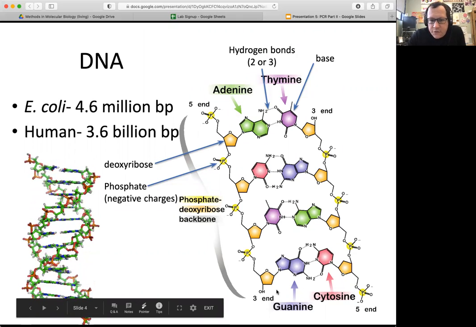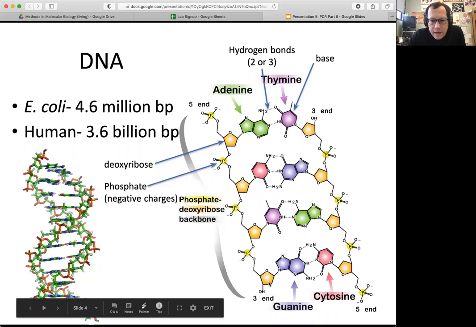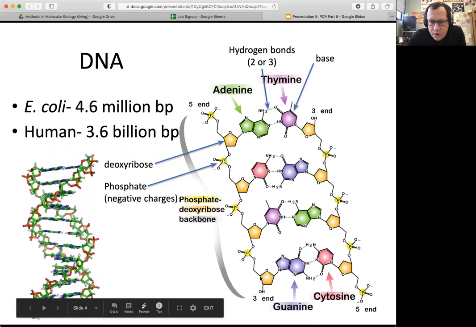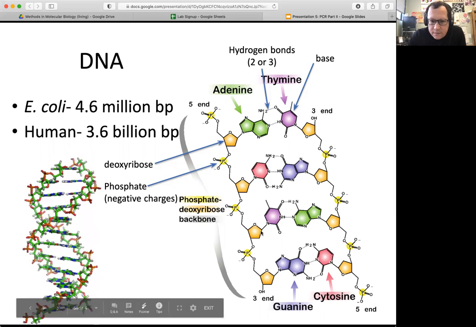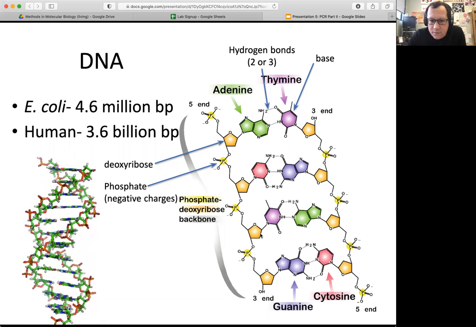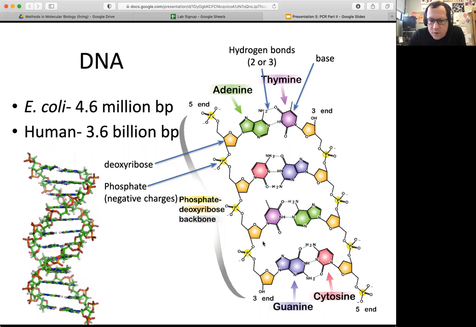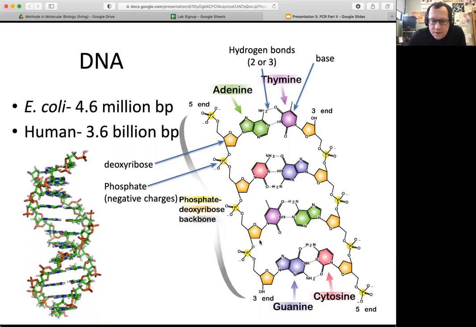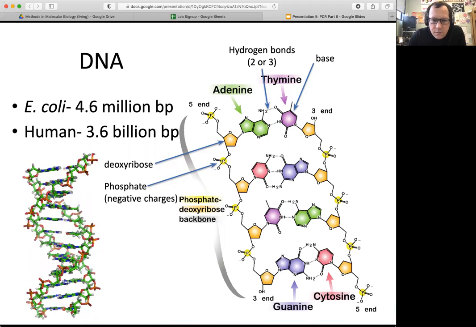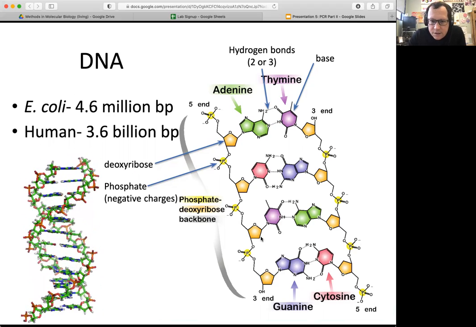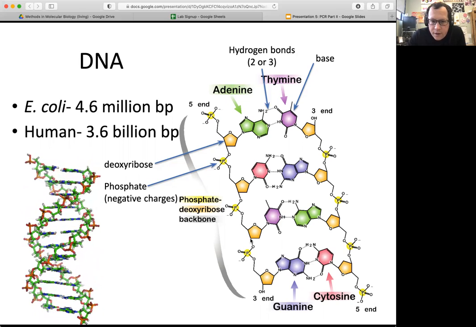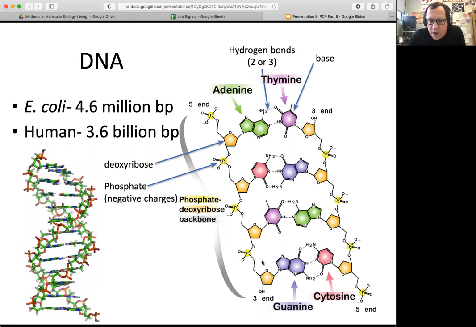I forgot to include a specific slide on this, but the main difference between DNA and RNA is that, if you remember our bases, our carbons in the ring structure here of the ribose. DNA is considered deoxyribose because there's not an oxygen here. So again, this is our 1', 2', 3', 4', 5' carbons.